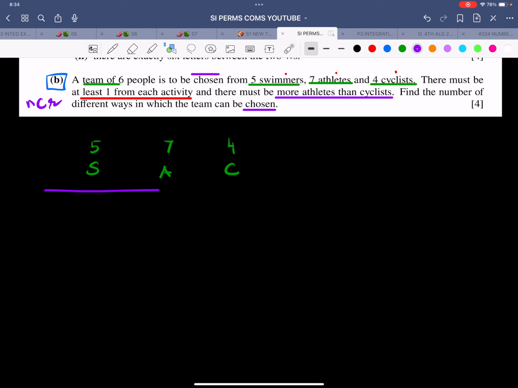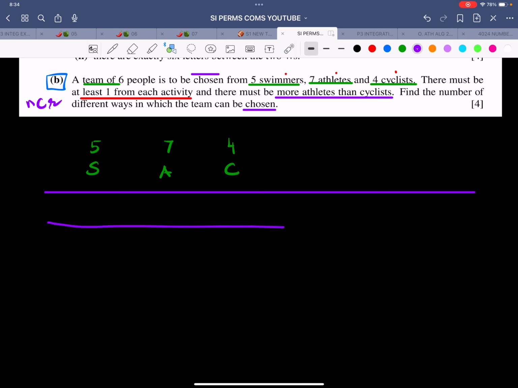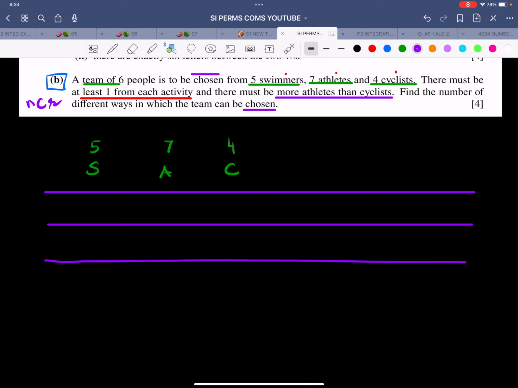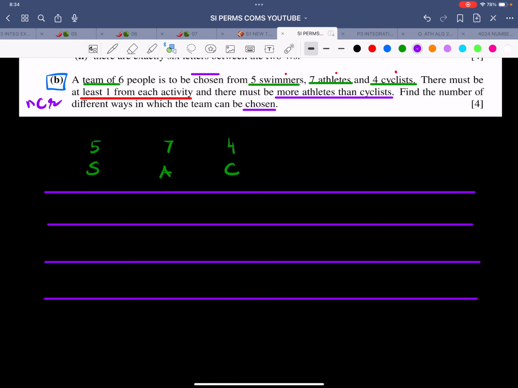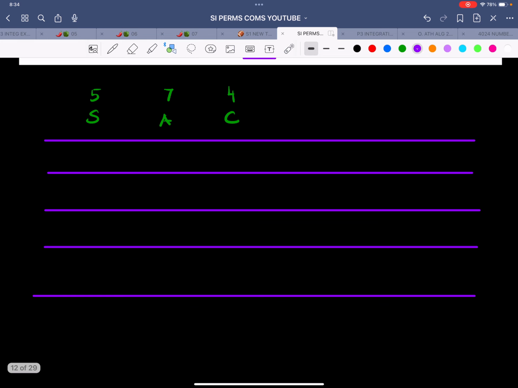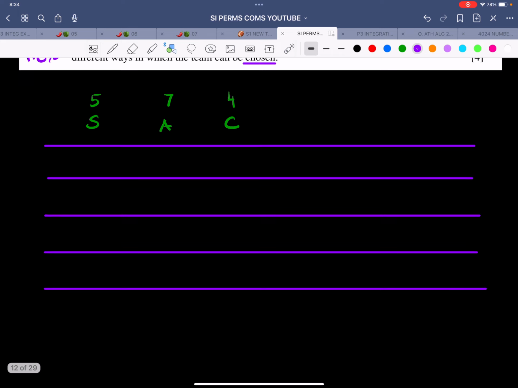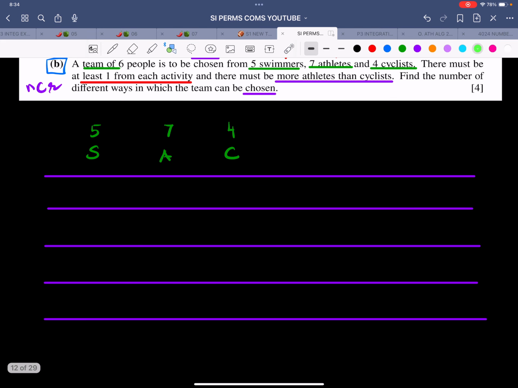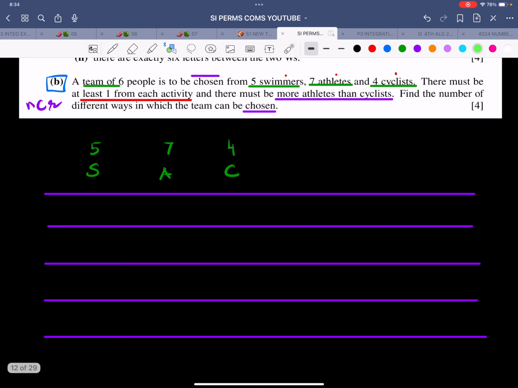Now let me draw some straight lines so that I can fit in my working over here, 3-4 lines like that. So just a rough idea, and if I need more lines, I'll be drawing them also. Now the first scenario is that there is at least one from each activity, and the issue is between athletes and cyclists.